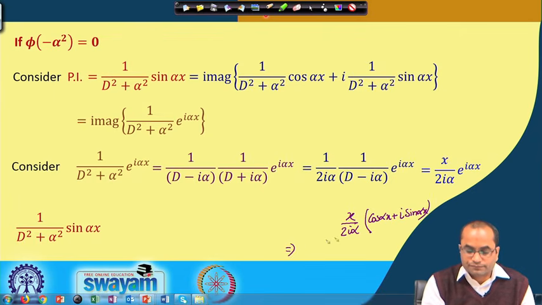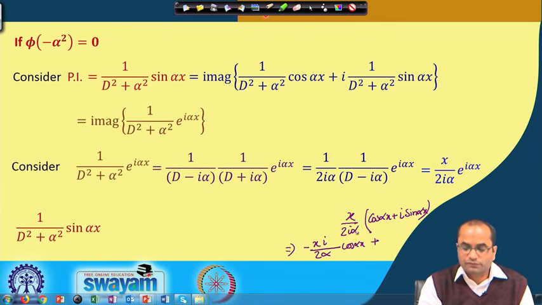The first part will be minus x, so I will multiply here minus x and this I. So, this I square, which is minus 1, and 2 alpha will be with the cos alpha x, and the second term will be free from this I. So, I will cancel, and we will have x over 2 alpha with this sin alpha x term.